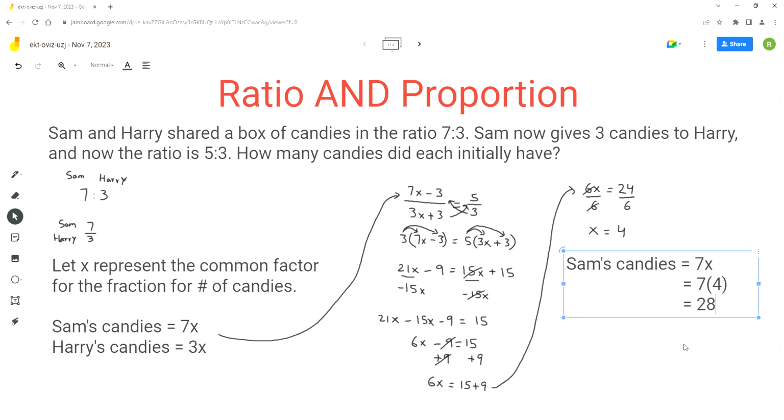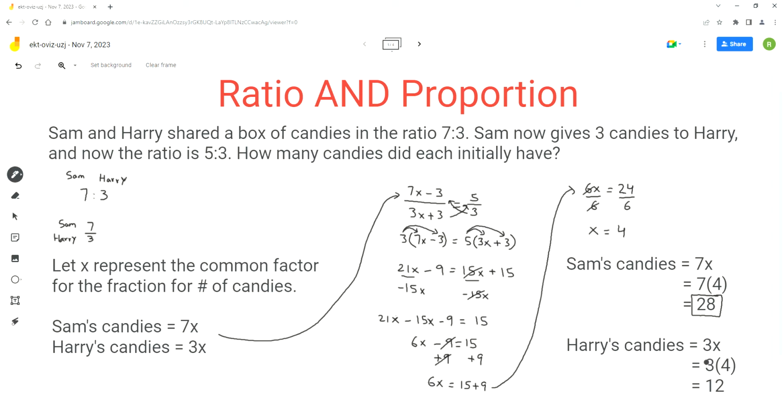So that's the number of candies Sam initially owned. Now we can do the same step for Harry. So for Harry, we found out the number of candies to be 3x. So now we have to sub in x as 4 and we get 12. So that means Harry owned 12 candies.